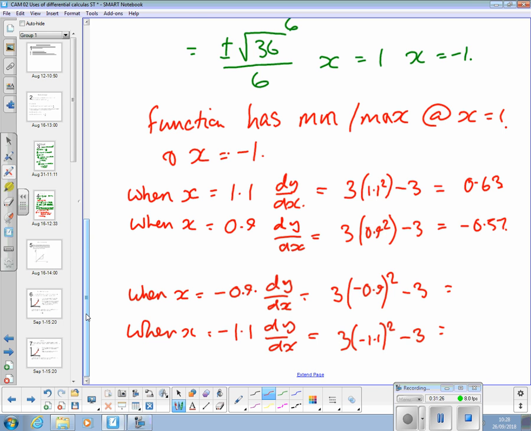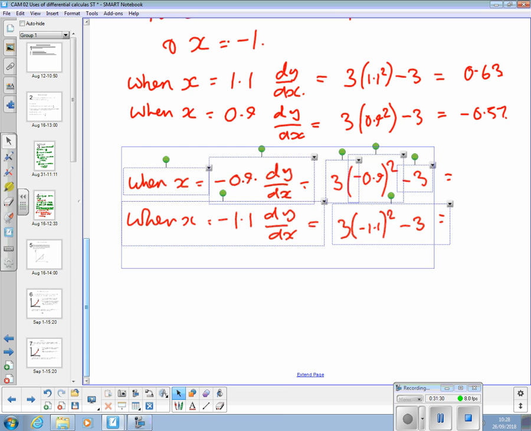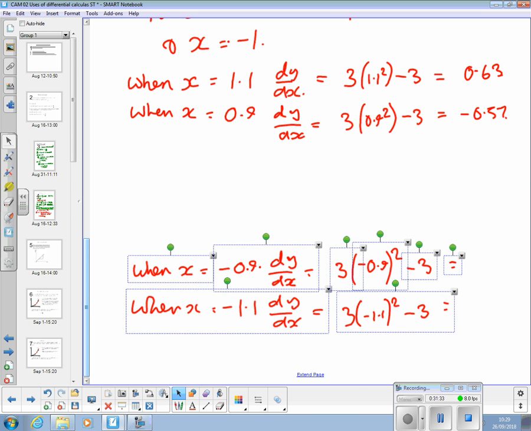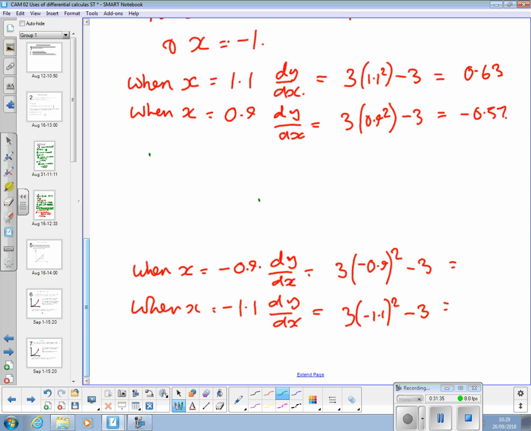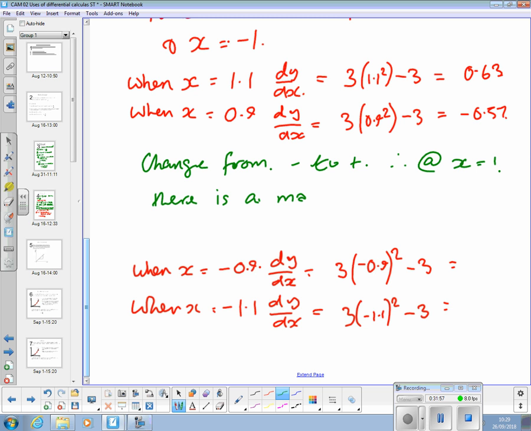Let's put in here, change from negative to positive, therefore x equals 1 there is a maximum. Yep.